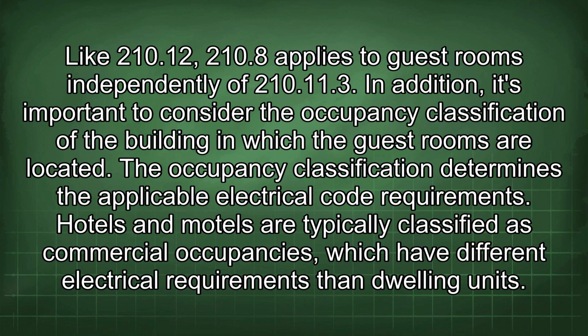In addition, it's important to consider the occupancy classification of the building in which the guest rooms are located. The occupancy classification determines the applicable electrical code requirements. Hotels and motels are typically classified as commercial occupancies, which have different electrical requirements than dwelling units.